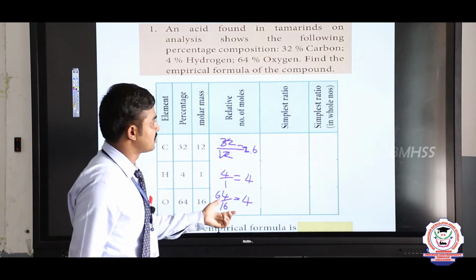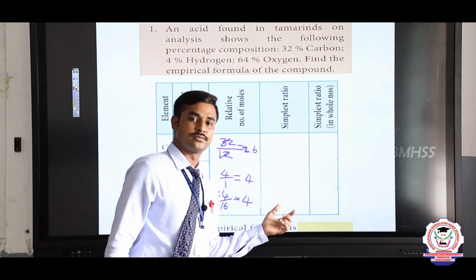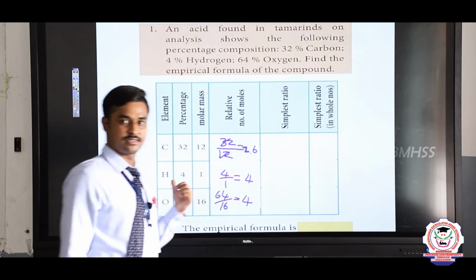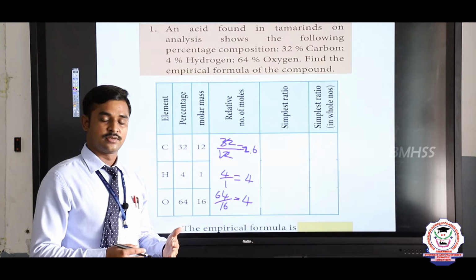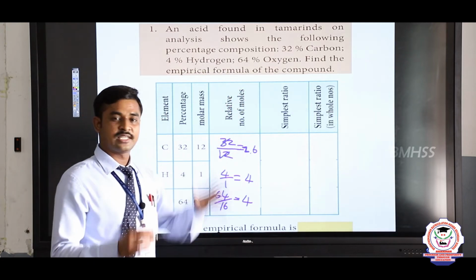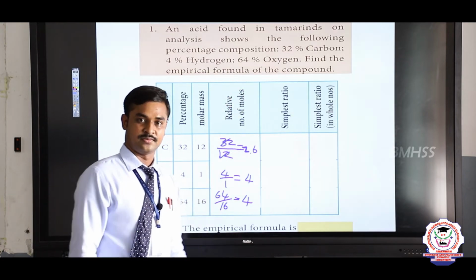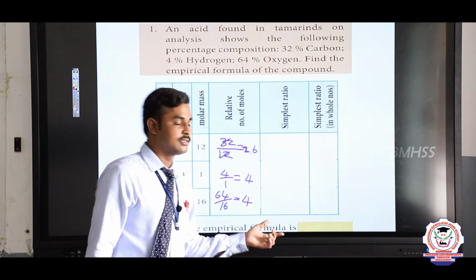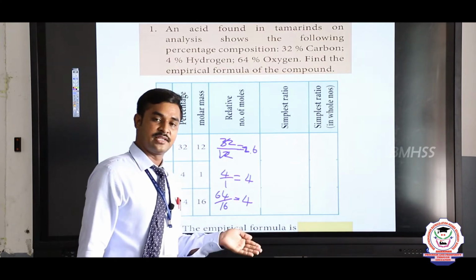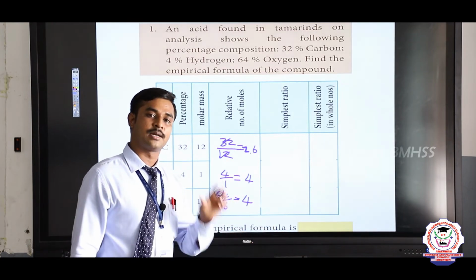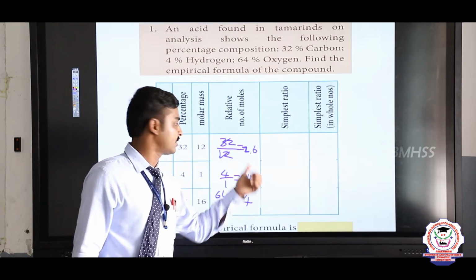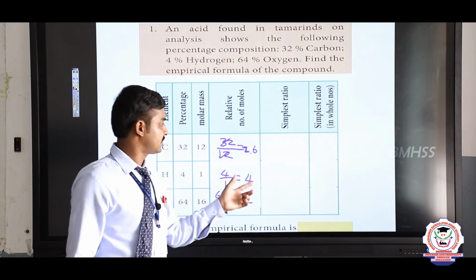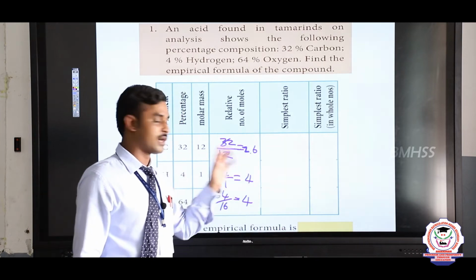The relative number of moles gives the simplest ratio of the elements. The elements combine to form a molecule, and in the molecule each element gives a simplest ratio. To calculate the simplest ratio, we divide by the lowest number of moles, which is 2.6.